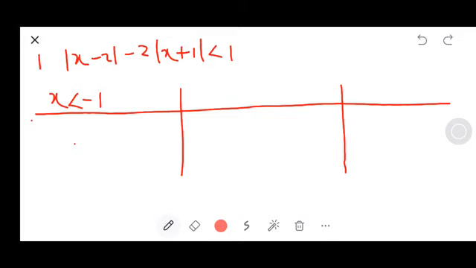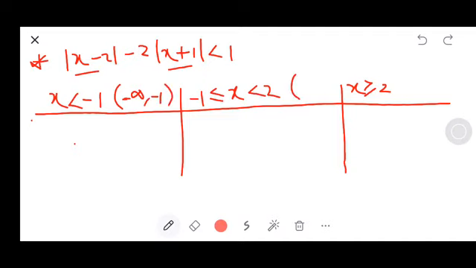Then finally, case 3, what happens to these two guys when x is greater than or equal to 2? In interval notation, the first one is minus infinity to minus 1. The second one is a closed interval, minus 1 to 2. And the third one will be 2 to infinity.